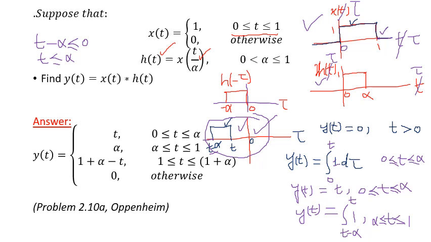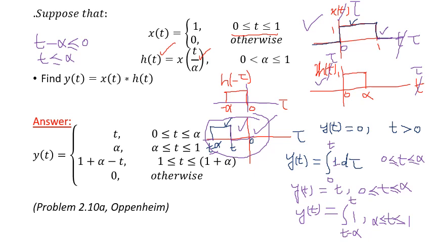So the next interval will be the point where t is greater than 1. When t is greater than 1, you see this point will cross this point, and beyond this point this signal is 0.